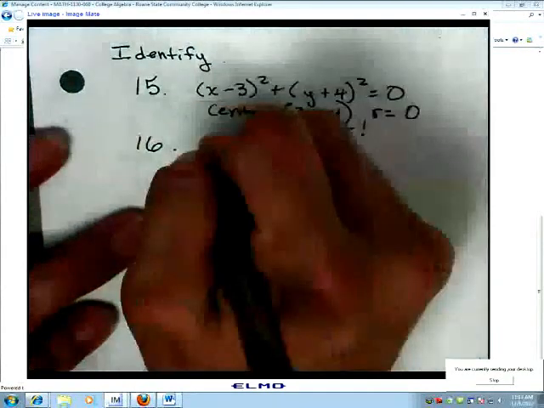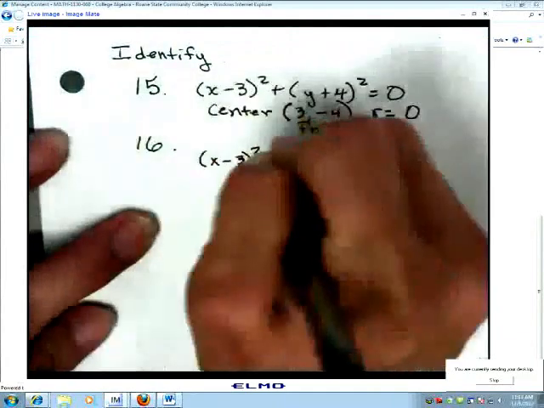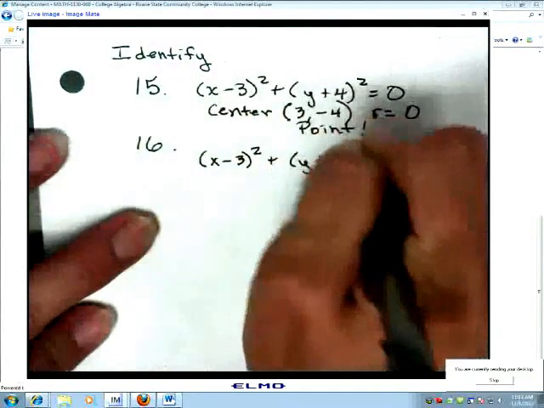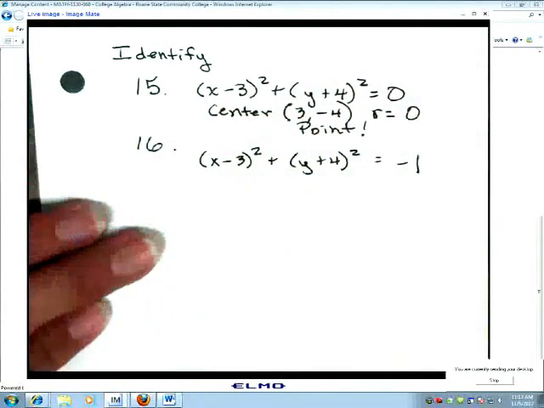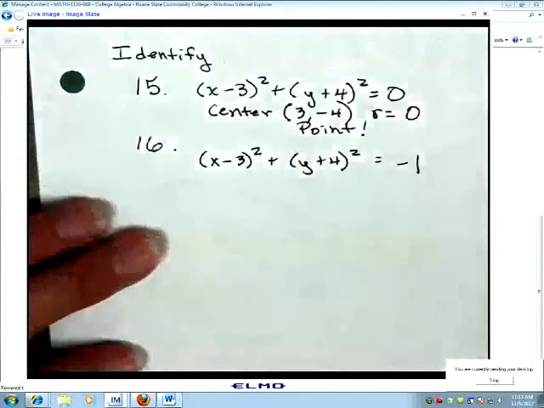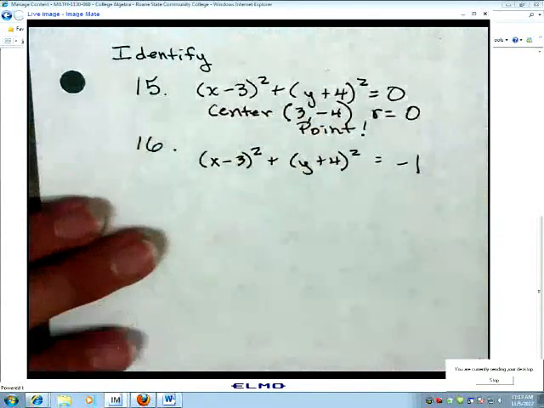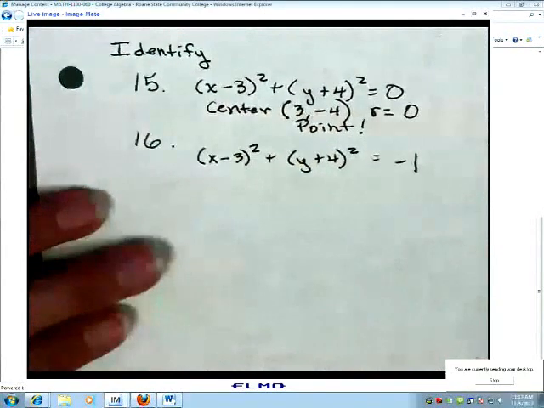And then if I gave you (x minus 3) squared plus (y plus 4) squared equals -1, then again, it looks like a circle with center 3, -4, but what?